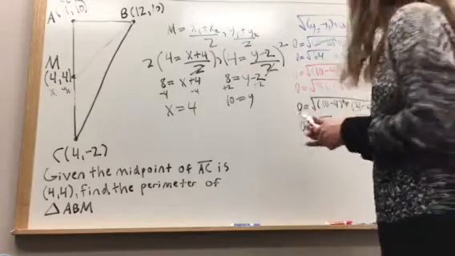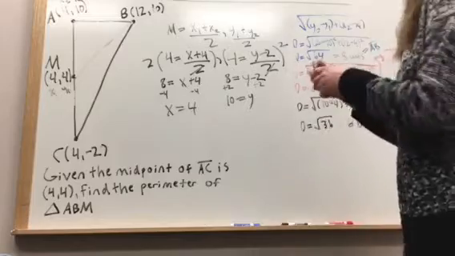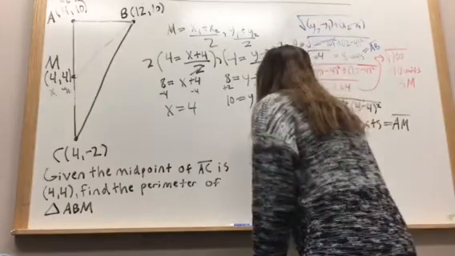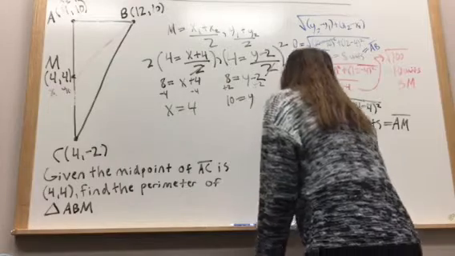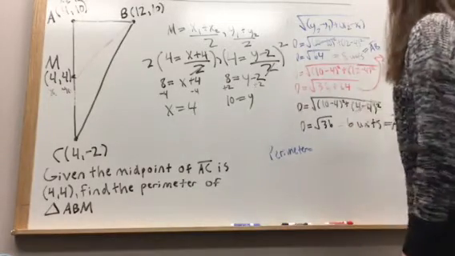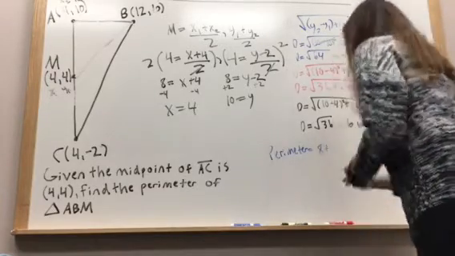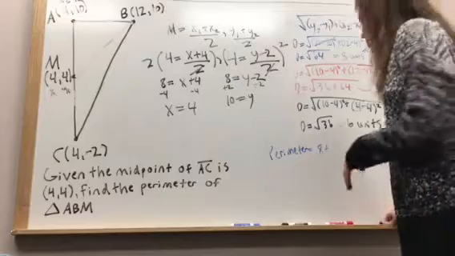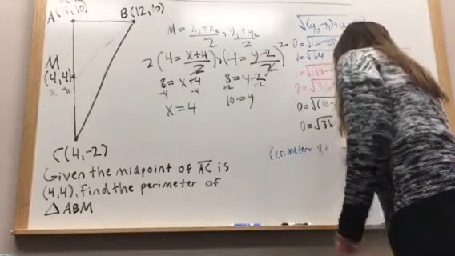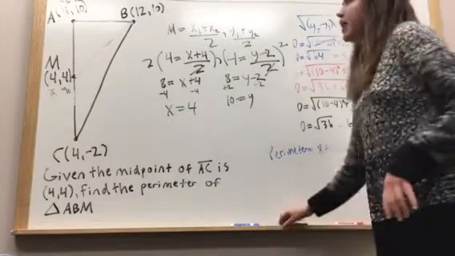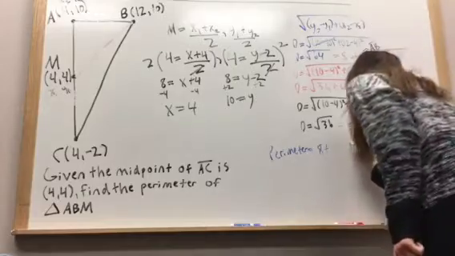So perimeter is going to equal my AB, which we found to be 8 units, plus my BM, which we found was 10 units. Then lastly, I'm going to add that to my AM, which we found to be 6 units.